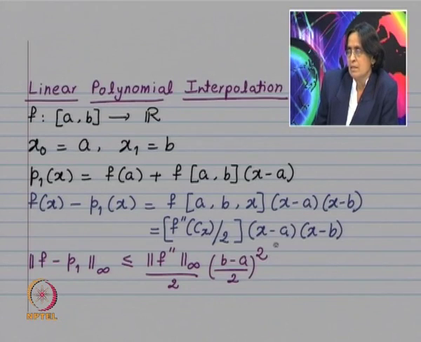The way we had seen that the maximum of the modulus of (x minus a)(x minus b) was attained at the midpoint (a plus b) by 2, similarly the modulus of this function will have its maximum attained again at the midpoint, and then you have norm of f minus p_1 infinity less than or equal to this.